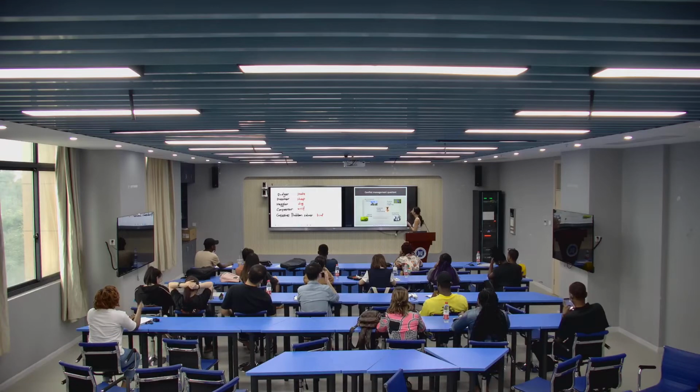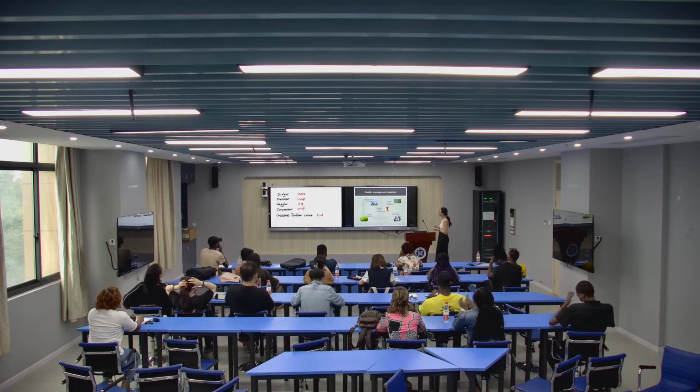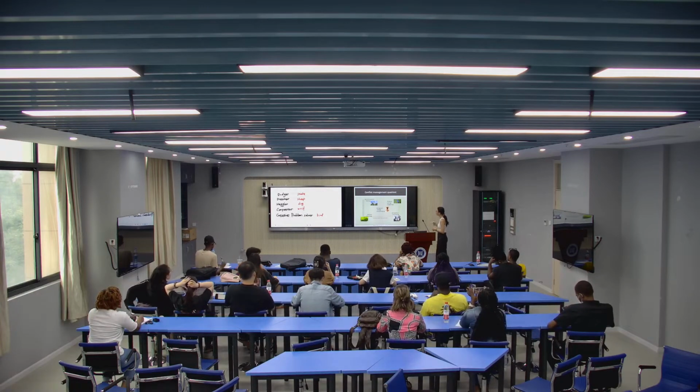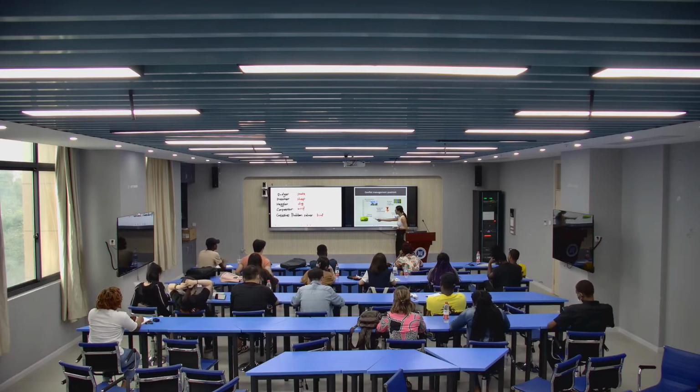Right here is a quadrant, the dual concern model for negotiation. You can see that we locate the 5 different types of animals, or negotiators, on this quadrant. Here we have the concern about own outcome, and here we have the concern about others' outcome.